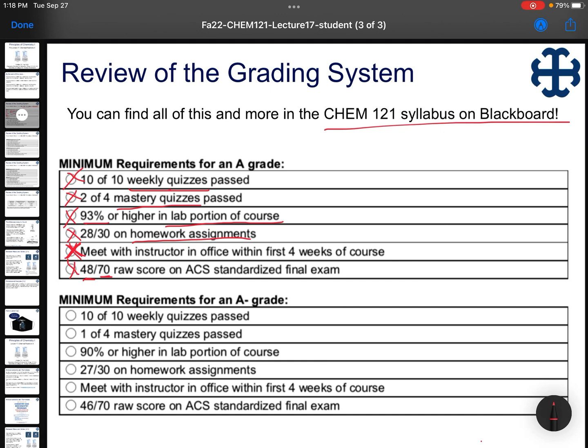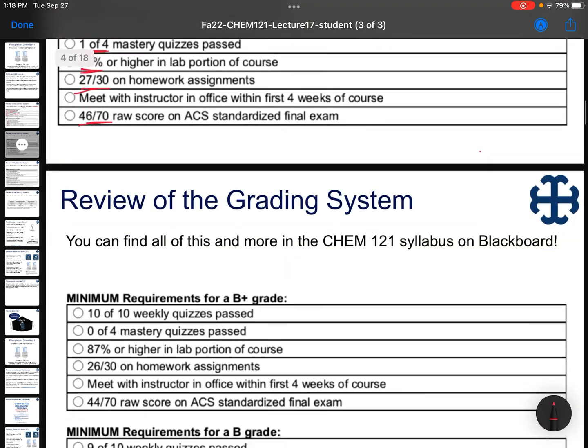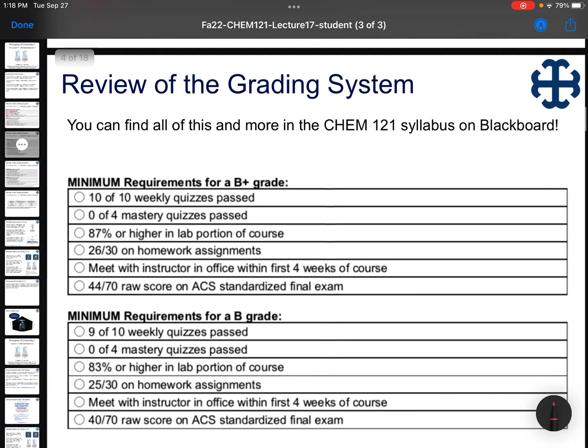And if we compare that with specifications for an A-, the main things that change are you need fewer mastery quizzes, a lower grade in the lab, a lower grade on homework, and a lower grade on the final. So that's how we start to scale things, right? And if we keep going down here, you can probably guess how things change based on grades.